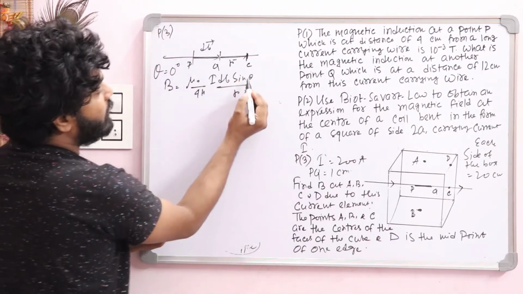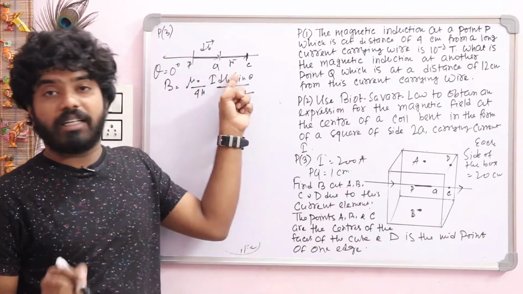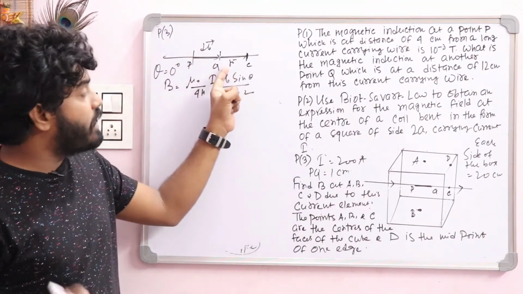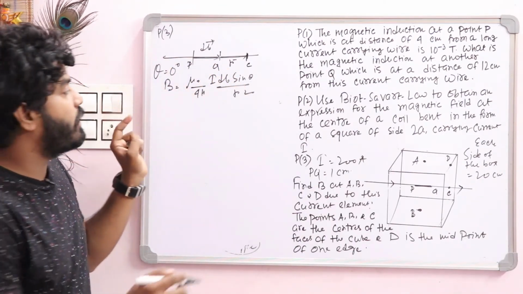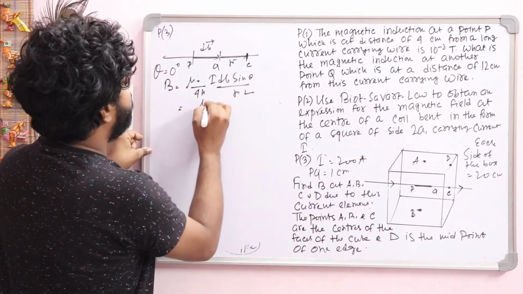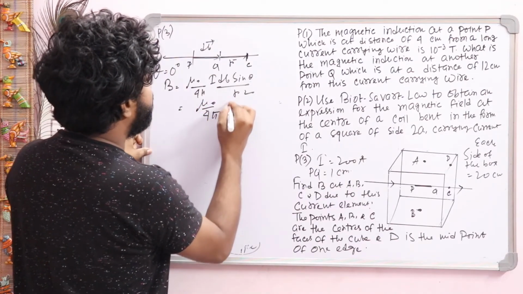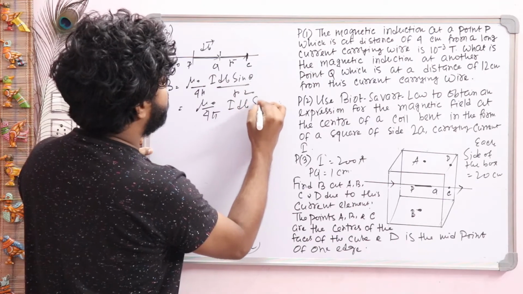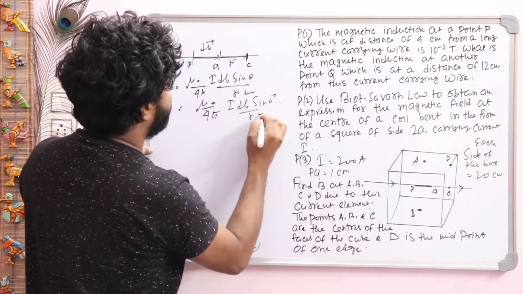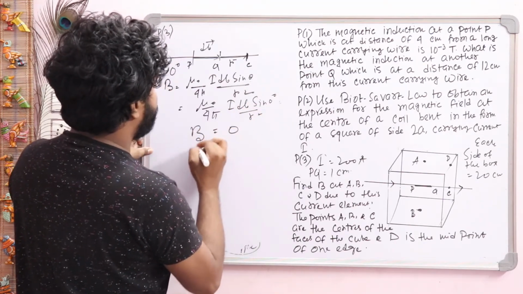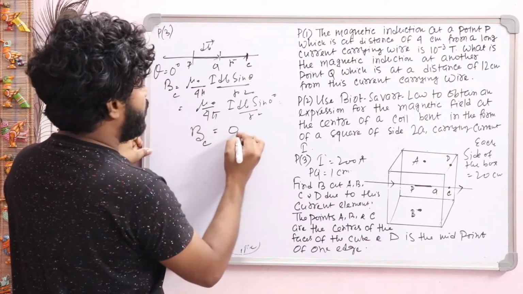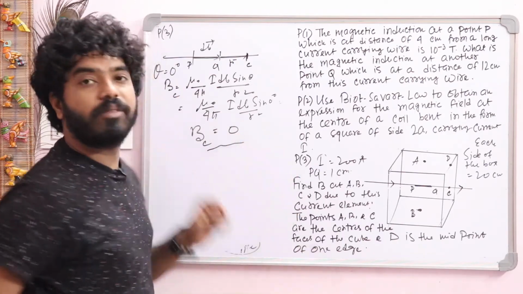Now see, theta is the angle between del L and r, and here that angle is 0 degree. So when we use mu naught by 4 pi I del L sin 0 divided by r square, the result will be 0. So the magnetic field at point C is 0, our first answer.